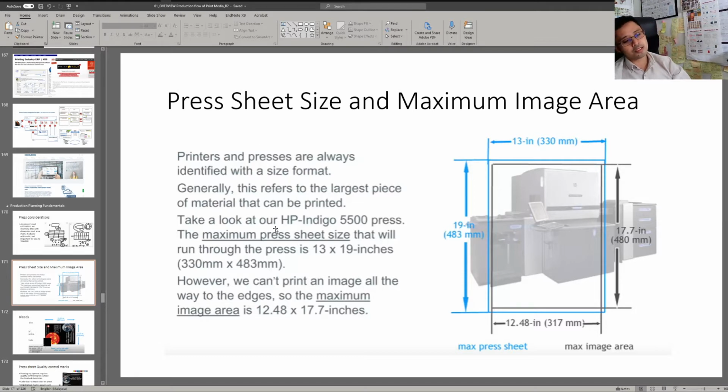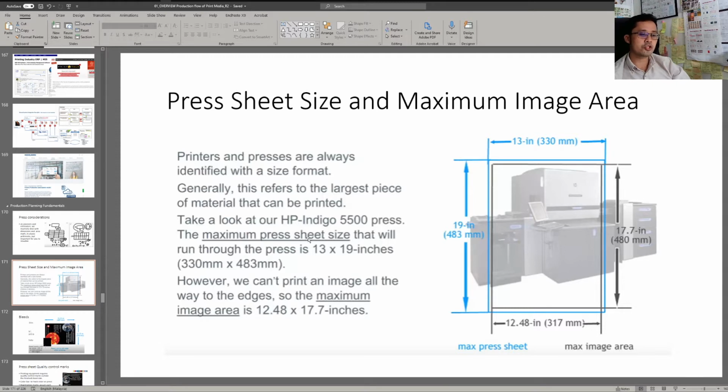So I give you another example here. Take a look at our HP Indigo. For example, this machine, HP Indigo. This is a digital press. Okay, HP Indigo 5500 press. The maximum press sheet size that will run through the press is 13 by 19 inches. Saya bagi anda satu case study bahawa sebuah mesin, nama mesin ni HP Indigo 5500 press, maximum press sheet ialah 13 kali 19 inci.